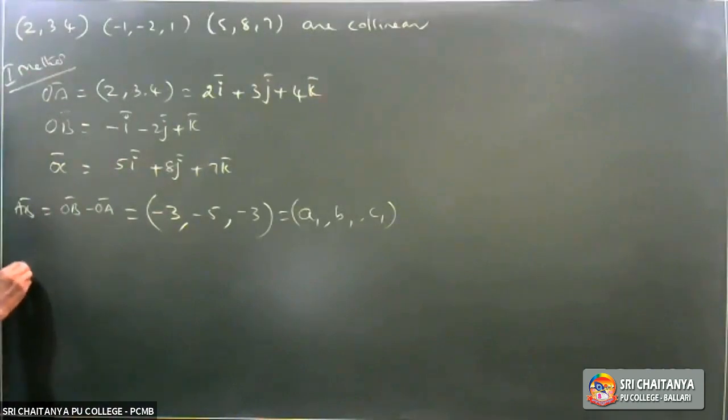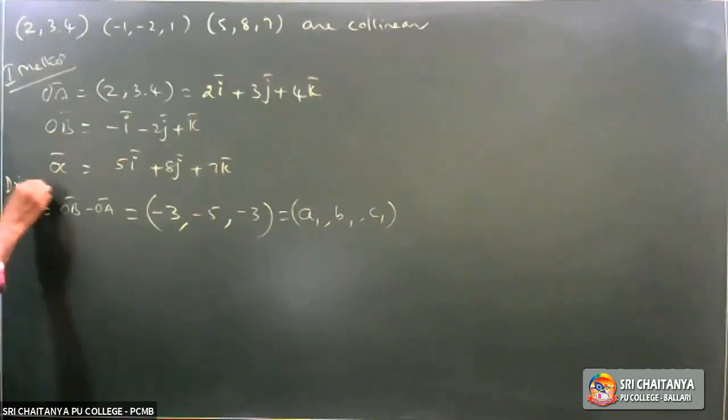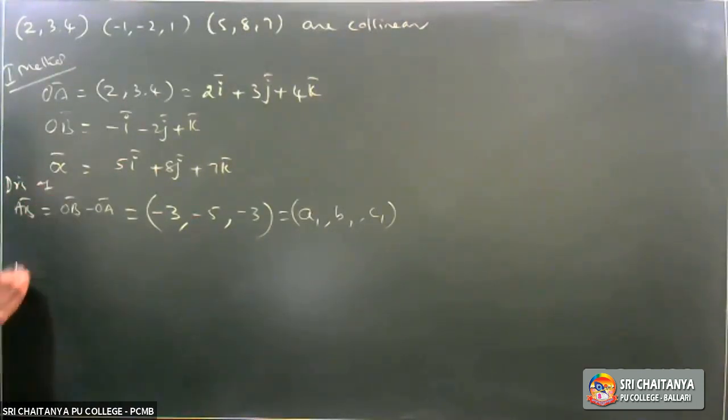Now, find BC bar. The DRs of AB bar are these.